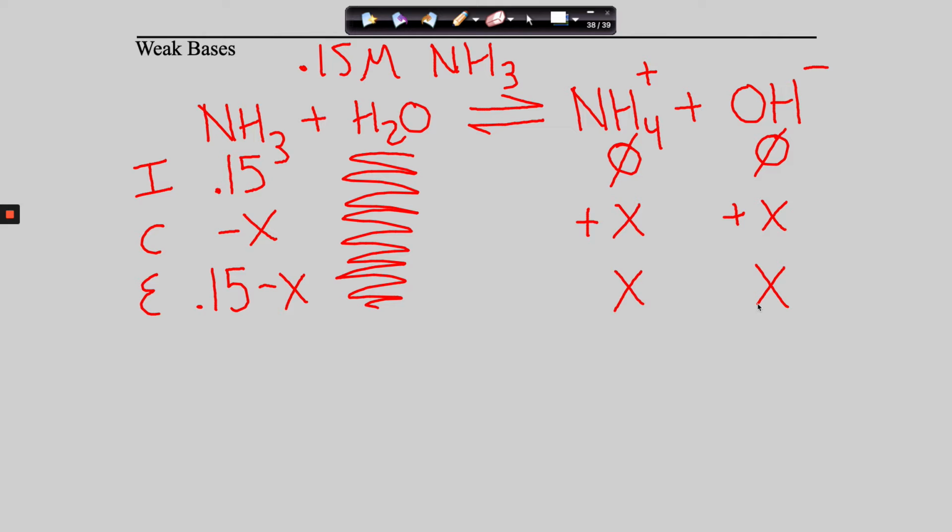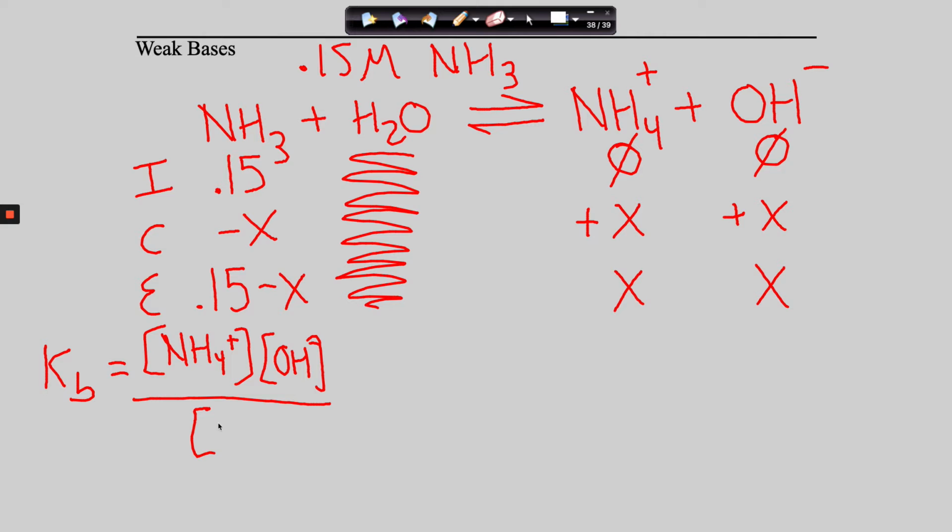So guys, now we need our Kb expression. So Kb is equal to products on top, NH4 plus and OH minus. And then on the bottom, it's the concentration of the base, NH3. Now guys, I don't know the Kb for NH3, but I do know this.